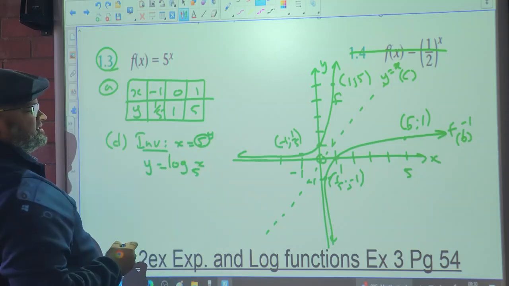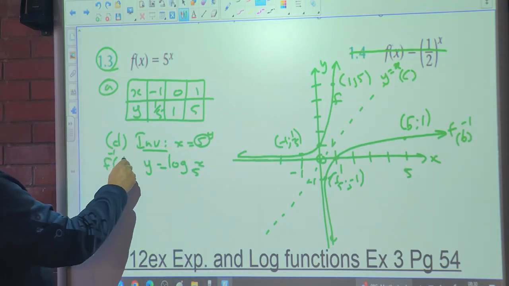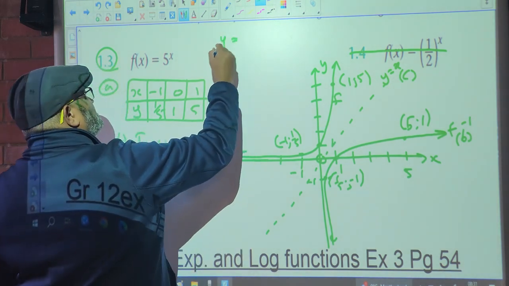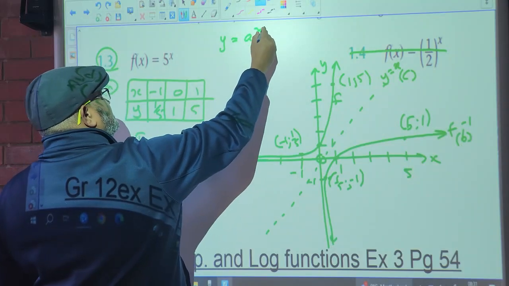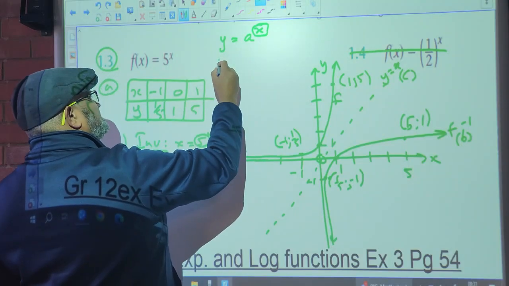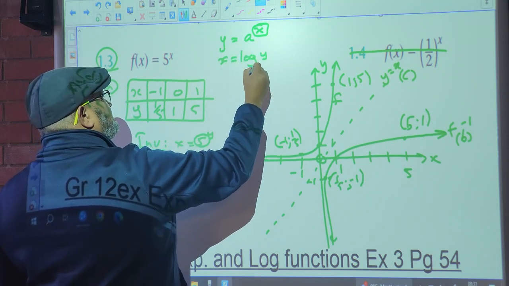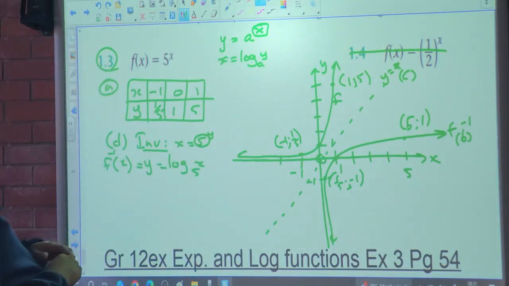Remember the base remains the base. So f to the minus 1 of x. For those of you who are confused, we change it from exponential to log. The exponent will be the subject of the formula, so x is equal to log y base. It's changing it from exponent to log or log to exponent.